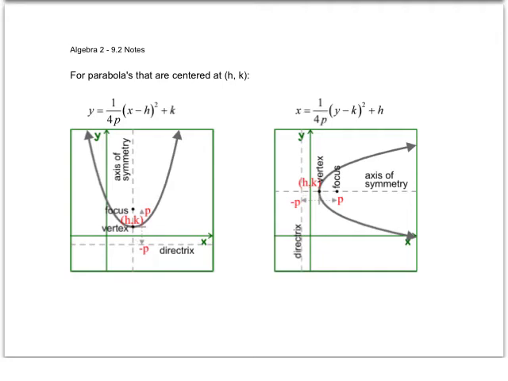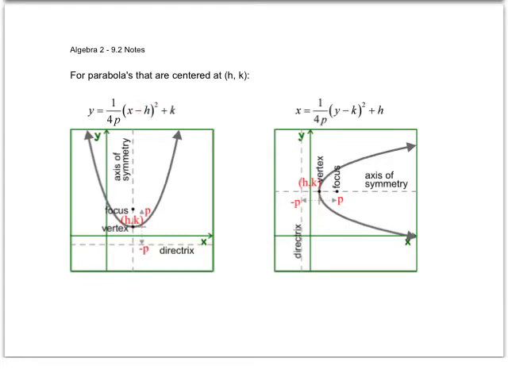So here are those parabolas, ones that are not centered at the origin. We're going to call them centered at (h, k). Well, just like all of the other conic sections that we've talked about or that you will see, anything that happens inside of parentheses is going to be the opposite. So if I'm centered at the point (h, k), then if I have x minus h, that minus h means I move a positive direction to the right.